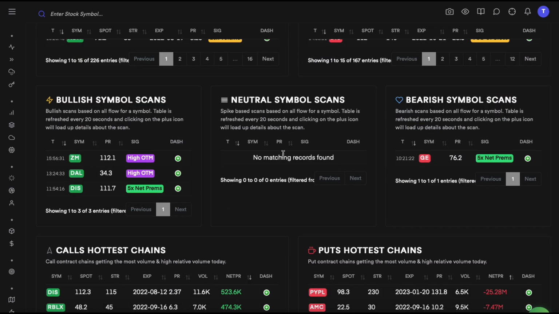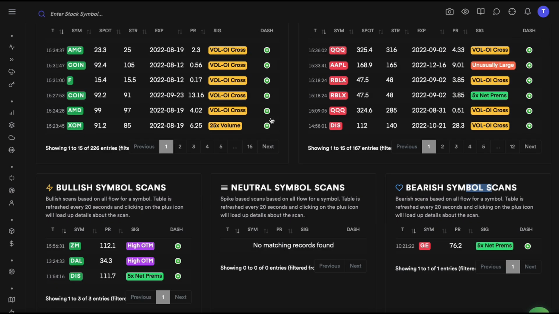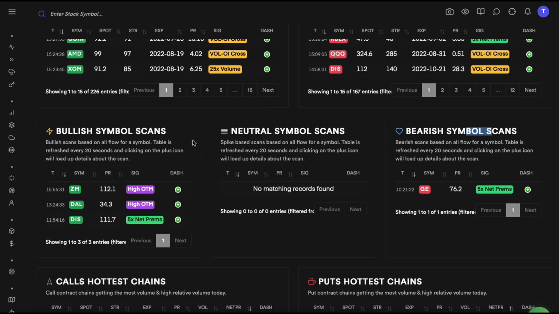All right, so now we have these bullish symbol scans, neutral symbol scans, and bearish symbol scans. The scans on the top were for individual contracts for a stock, but now these are scans for the entire symbol based on the aggregated options flow for the symbol, not just individual contracts. So Zoom has a high out of the money.